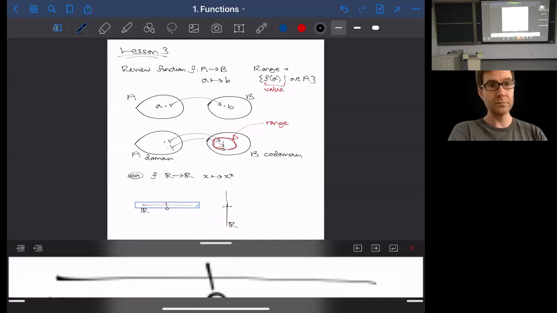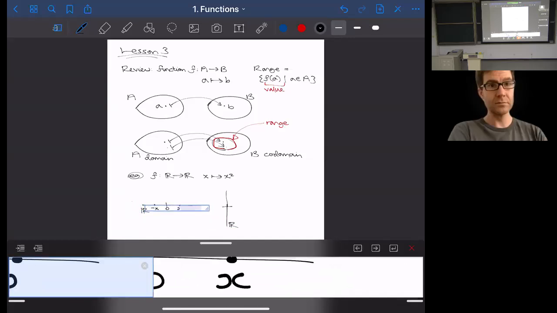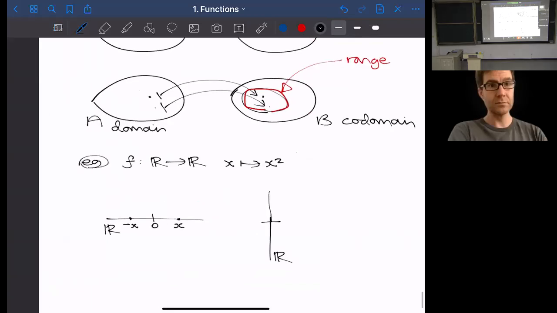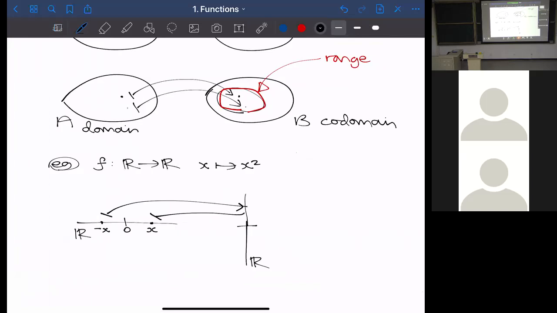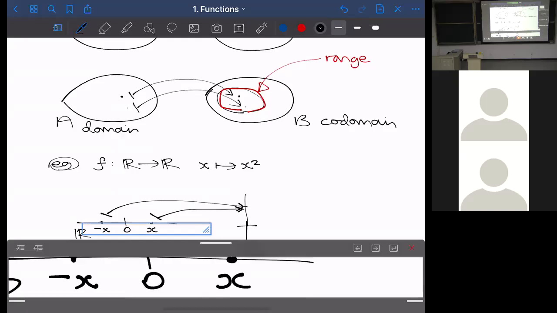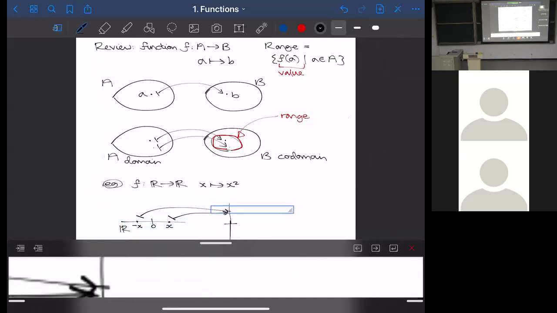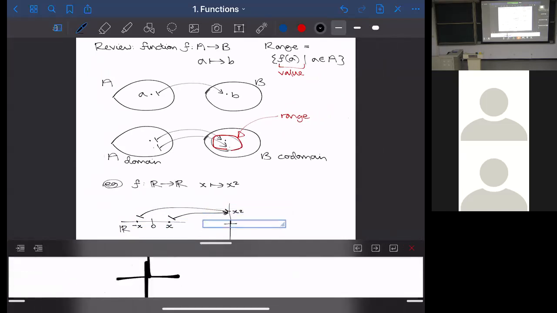Now, what is the range? Well, we know that if I take 2 points x and minus x, then these both go to the same point x squared. So in this case, what is the range?